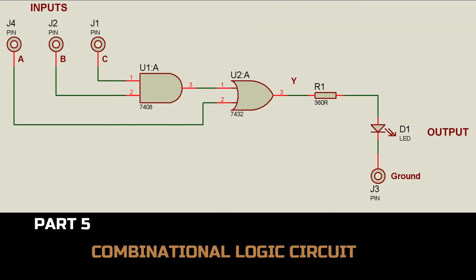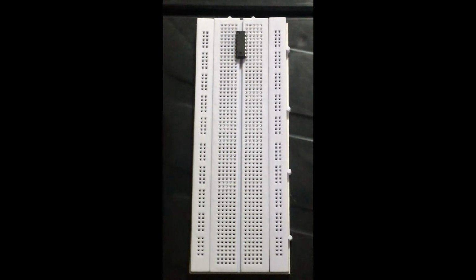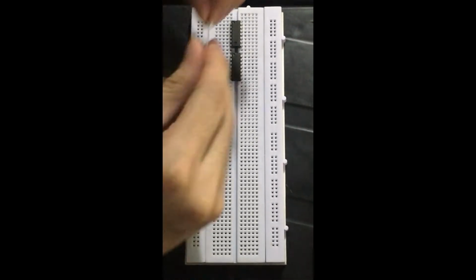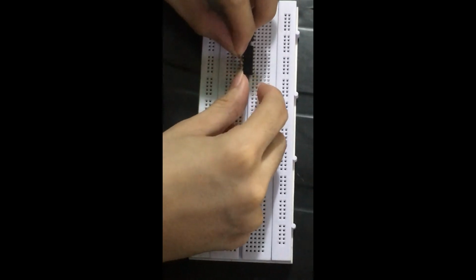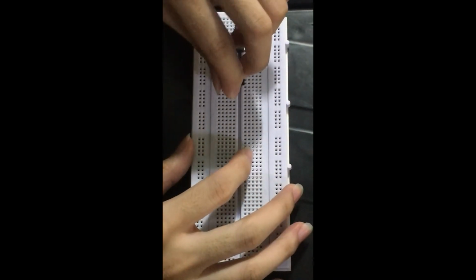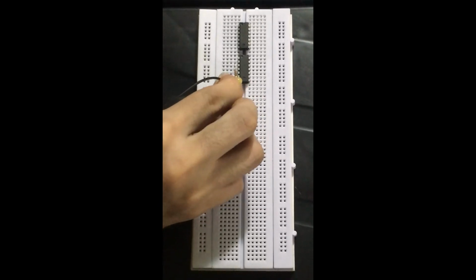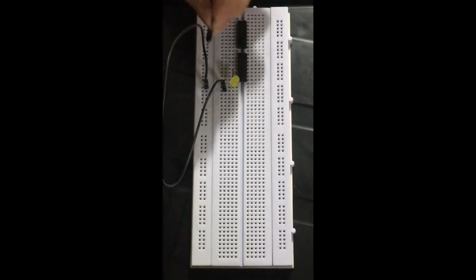For the combinational logic circuit, we will be using two ICs, the 7408 AND gate and the 7432 OR gate. Analyzing the circuit, we can see that the inputs B and C are connected to the AND gate, while the input A is connected to the 7432 OR gate.